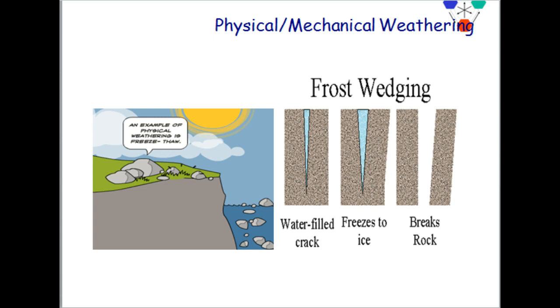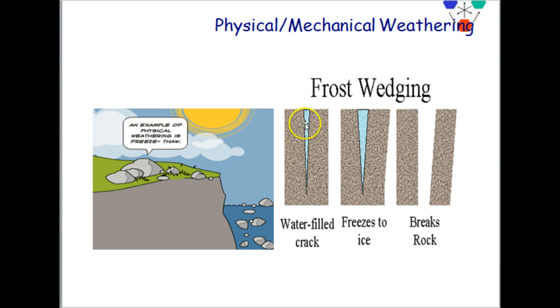Okay, let's first talk about physical weathering. A really good example of physical weathering is freeze-thaw wedging, also known as frost wedging. Get that in your notes, and let's explain how that works. If you take a look at this slide, frost wedging, water seeps into cracks like you see here.